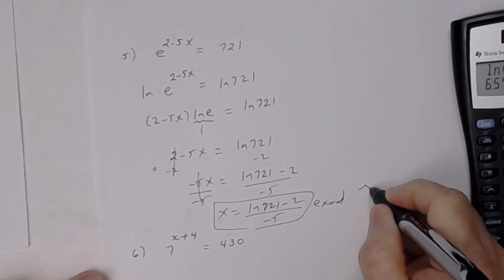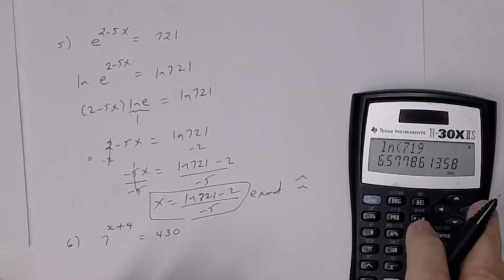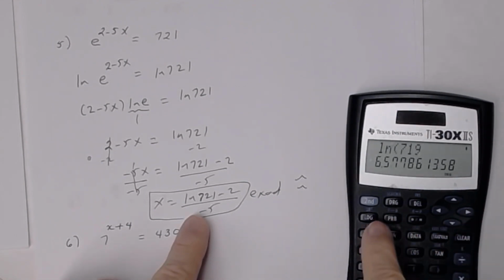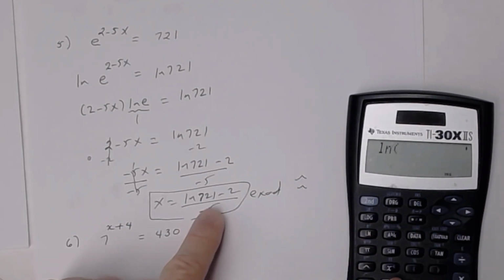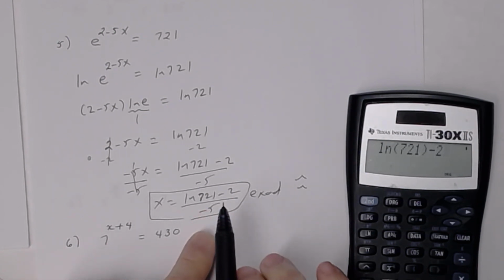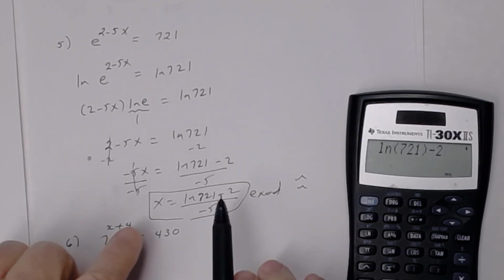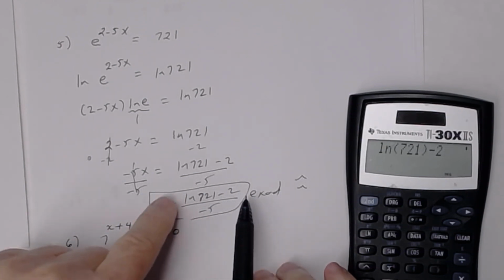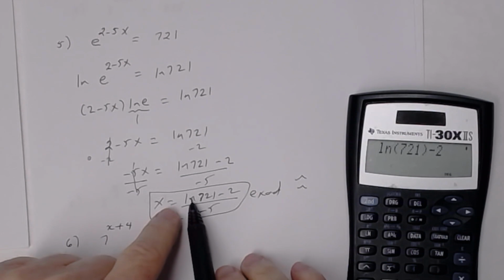Now, let's approximate this. All right, so you're going to say the natural log of 721, close the parentheses, subtract 2. All right, now that's the numerator. So listen carefully. Think of this as 2 terms. So these are 2 terms here.